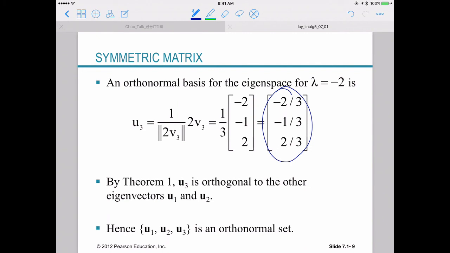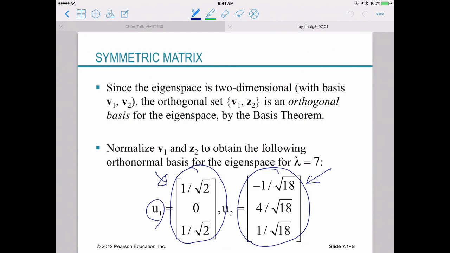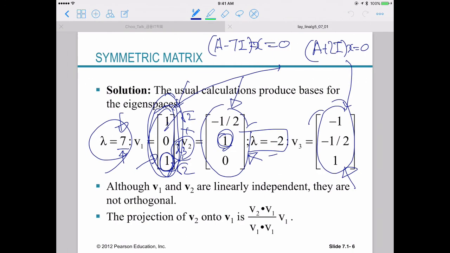Let's review what we did up to this point. For this eigenvalue we have a unit vector which is a basis for the eigenspace, and for the other eigenvalue we have two orthonormal basis vectors for its eigenspace.